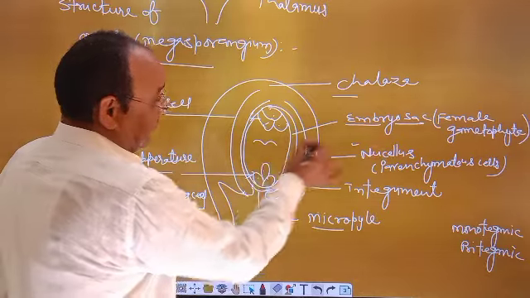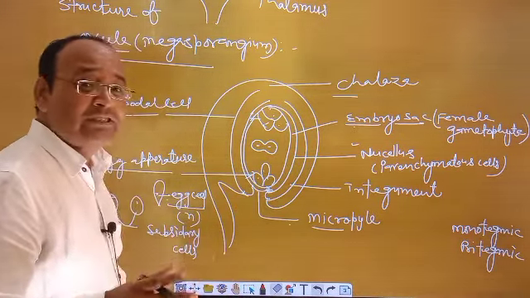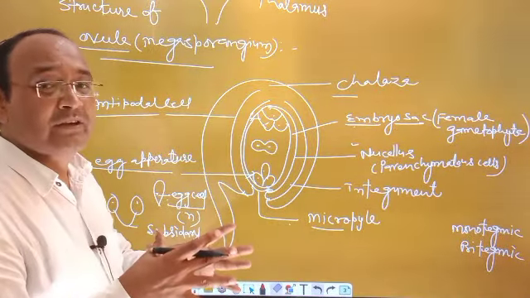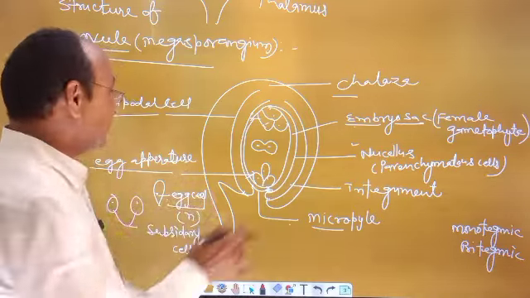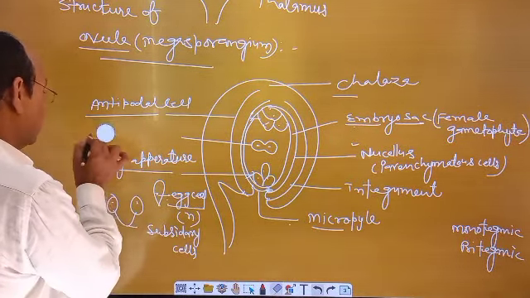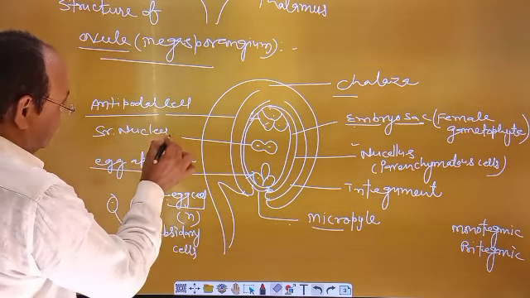The central part of embryo sac is made up of two cells which are combined, जो कि मिली हुई हैं, and these combined cells become a single cell, known as secondary nucleus.